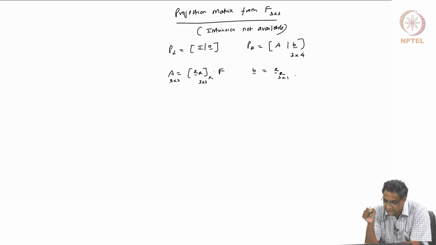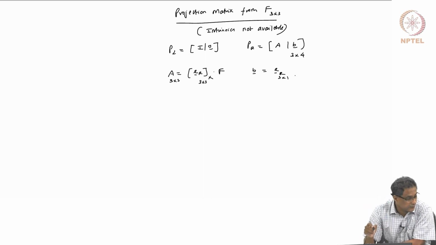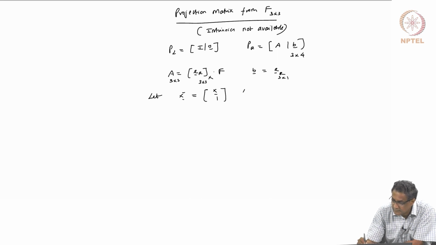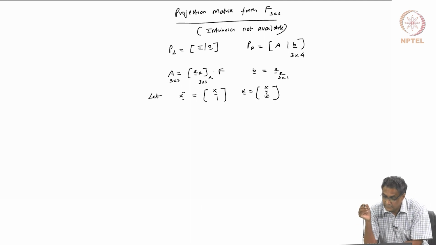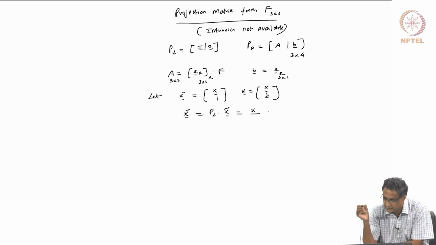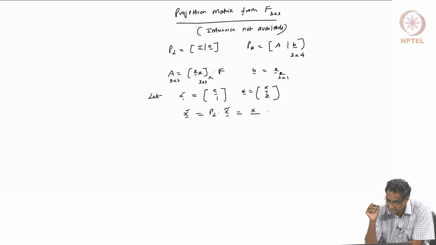And why does this make sense? Suppose we go ahead and let x tilde, as usual, be x, 1, where x is the usual x, y, z. Let's look at x tilde, which is my PL acting on the capital X tilde, and PL is I 0. So, this turns out to be x itself, which is x, y, z.